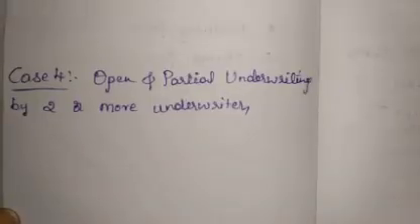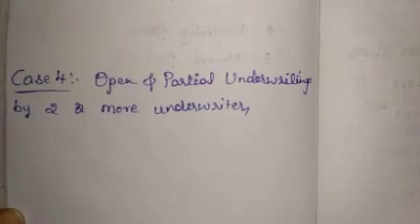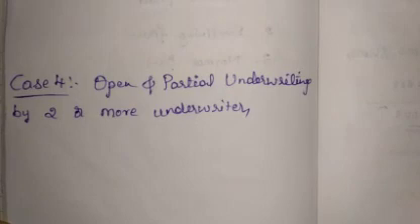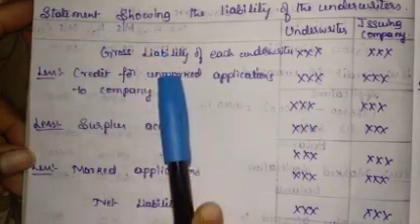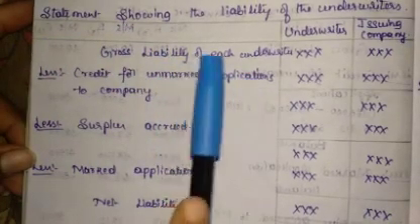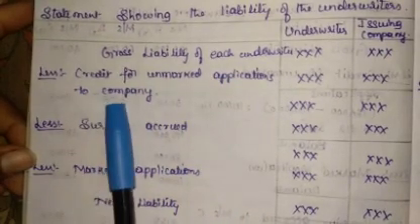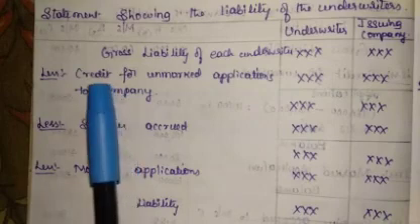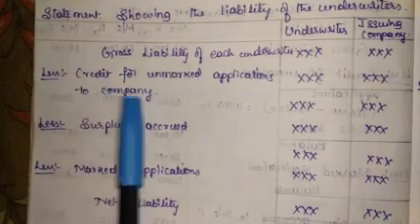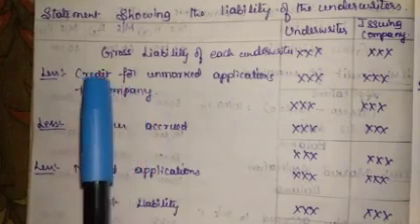Underwriter's liability. Case 4. Open and partial underwriting by 2 or more underwriters. Under this circumstance, we'll follow the same format to calculate underwriter's liability as case 3. Gross liability of each underwriter. From that we have to deduct unmarked application to company. So here for unmarked application, the credit is given to the company because it will be the marked application for the company.